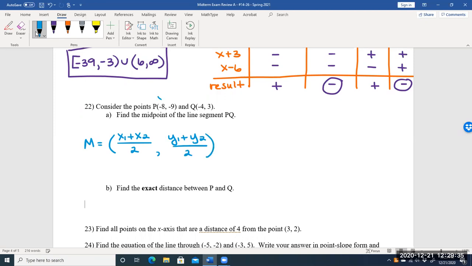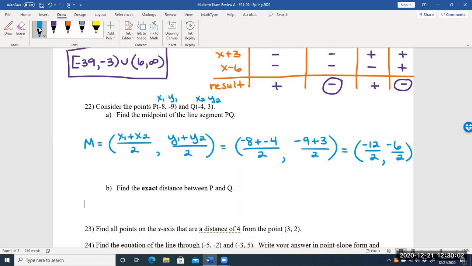I'm going to label my first point as x1, y1, the second point as x2, y2. And here we go. -8 plus -4 divided by 2, comma, -9 plus 3 over 2. This gives us -12 over 2 and -6 over 2. And then obviously we'll simplify to -6, comma, -3.